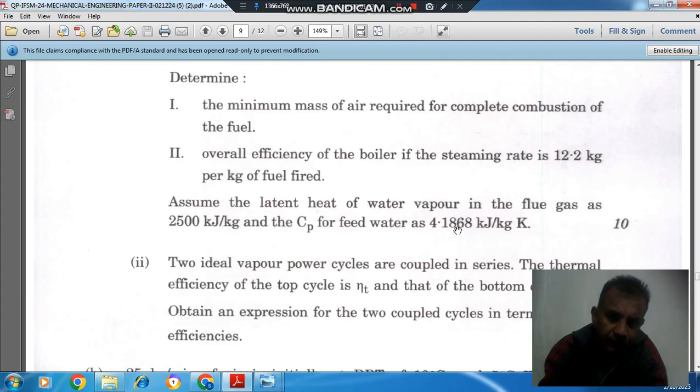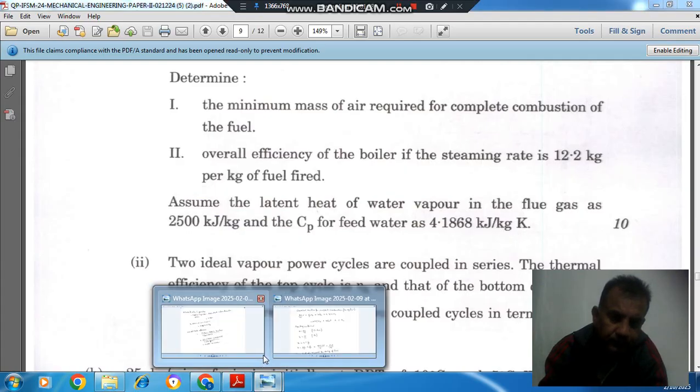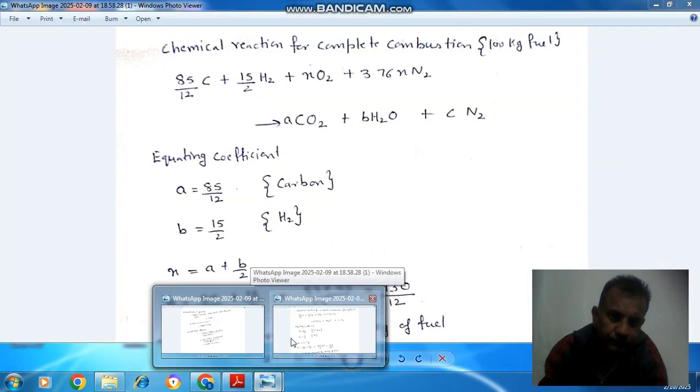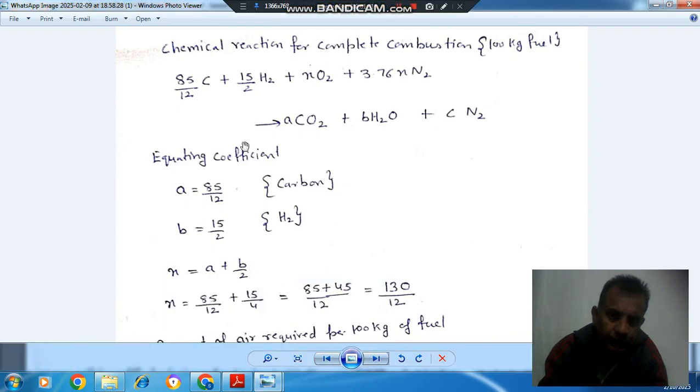So if we take 100 kilogram of fuel, then the chemical reaction for complete combustion of that fuel is, because by mass the carbon is 85%, so 85 kg will be your mass of carbon and 85 by 12 will be moles of carbon.